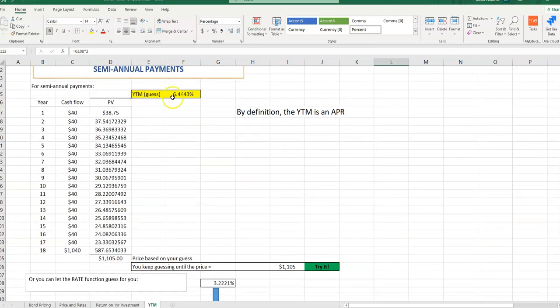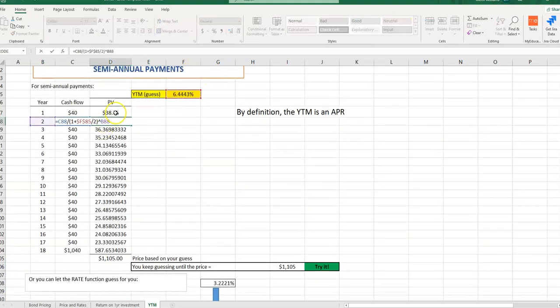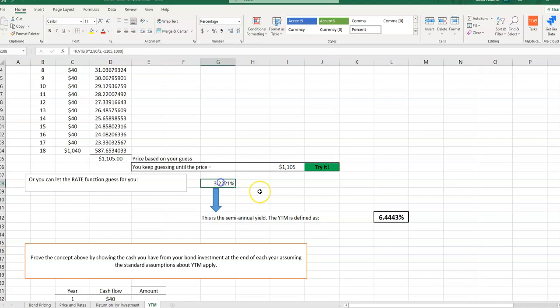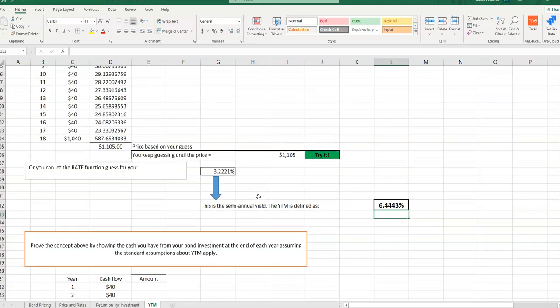Notice in my equation here, when I solved for this guess, I took whatever was in there and divided it by 2. So if you solve yield to maturity on these semi-annual bonds, it will spit out the semi-annual rate for you. You have to multiply it times 2 to get the answer.